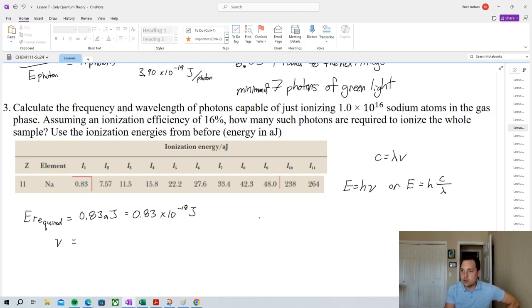So to find the frequency, we can take the energy and divide it by Planck's constant.